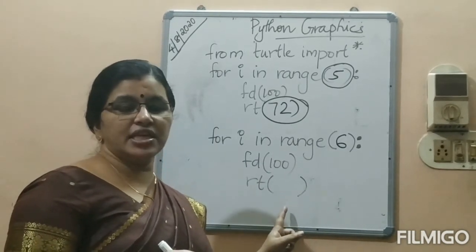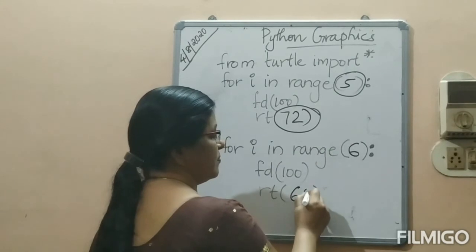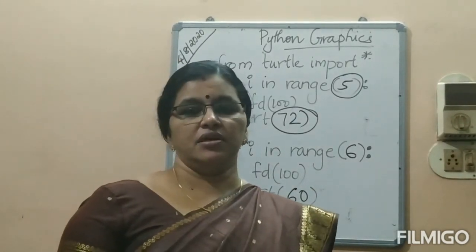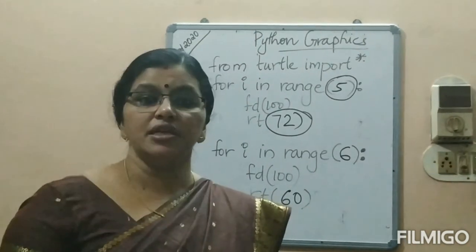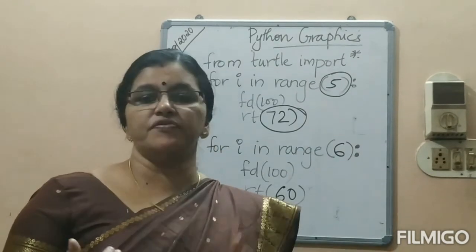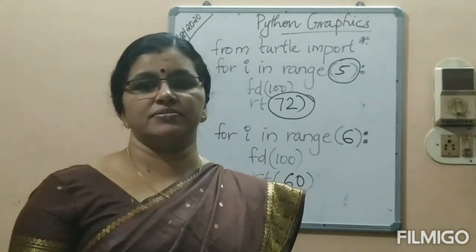How will you find this? 360 divided by 6, that is 60. Is it clear? In today's practical class, we will be seeing and verifying the different figures. Okay, let's move on to the computer.